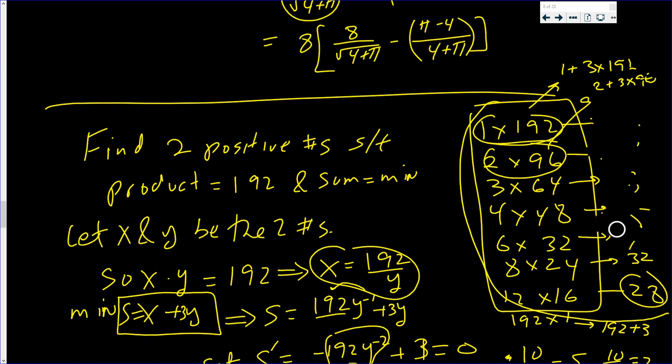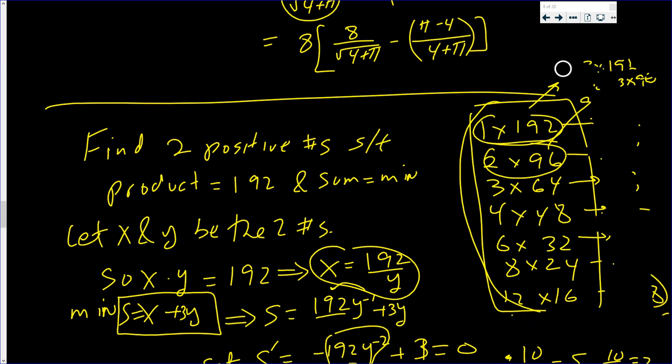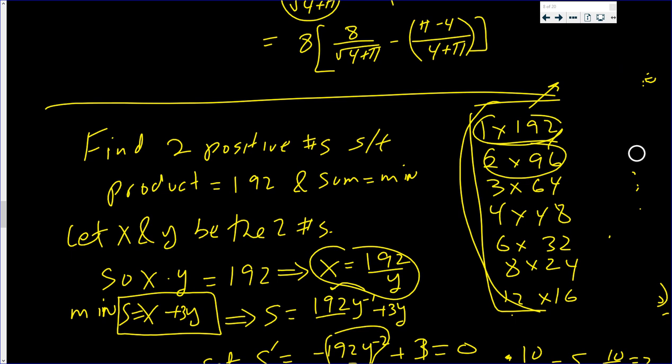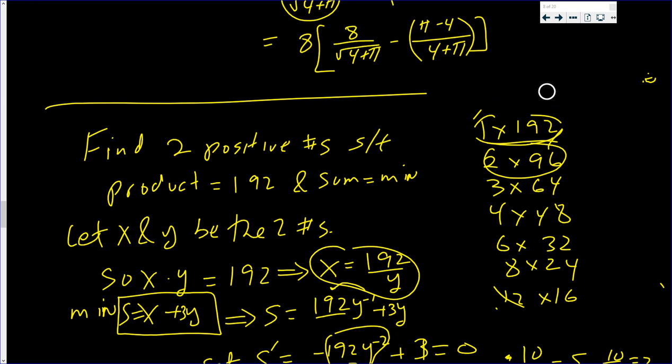Let's try to clean this up a little bit. You have those numbers, but now we're not just adding them. If you just add them, it doesn't matter which number you have first. But now we're multiplying the second number by 3.